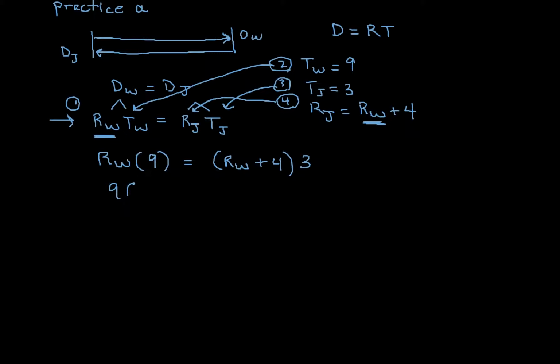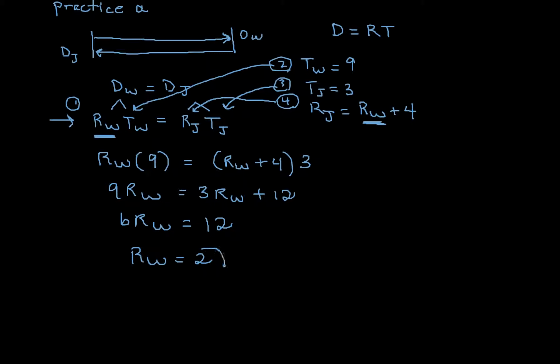So you get 9 RW equals 3 RW plus 12. We're going to subtract 3 RW from both sides, so we get 6 RW equals 12. So our rate walking is going to equal 2. Now you have to answer the question, how far did they jog?